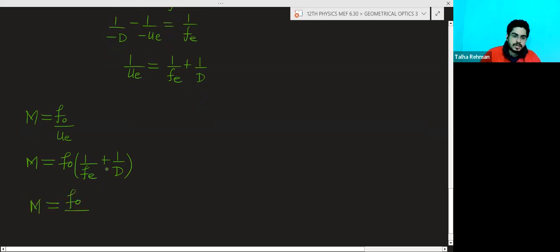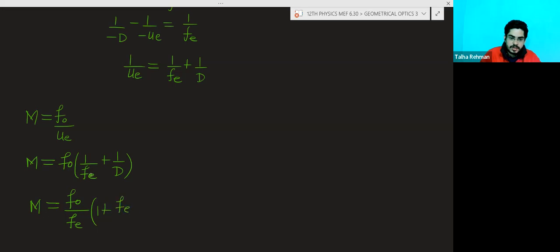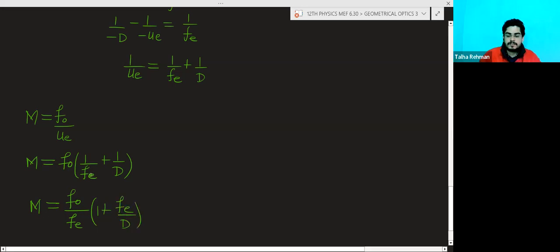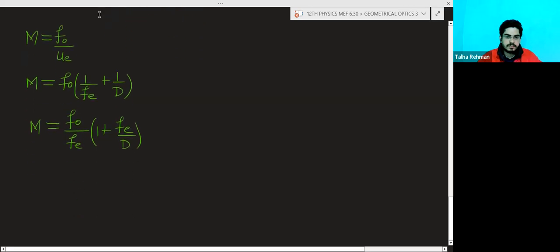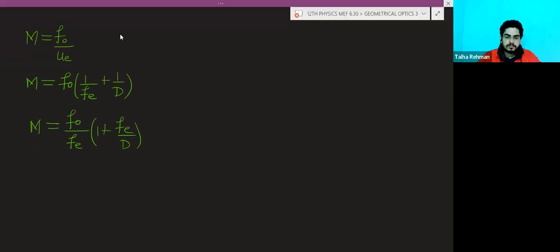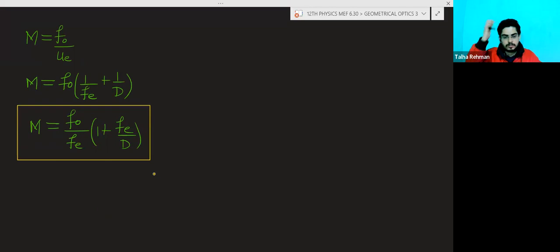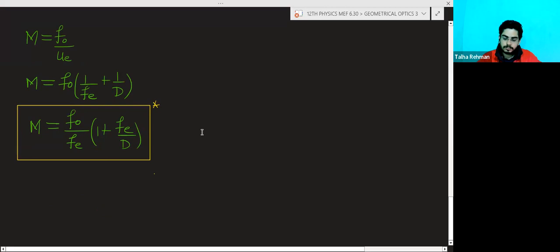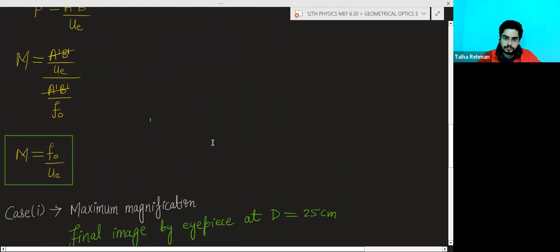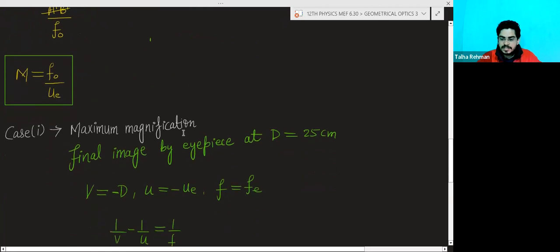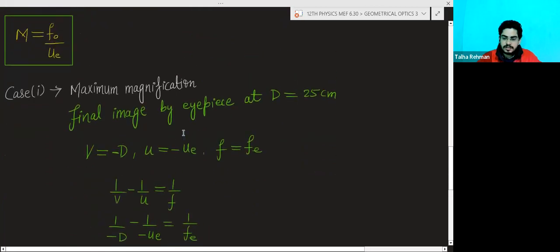This is F naught, and if you take FE common from this side, it will be FE here, and here there will be only 1 plus FE divided by D. So this will be the final magnification, the maximum magnification, if you want maximum magnification.